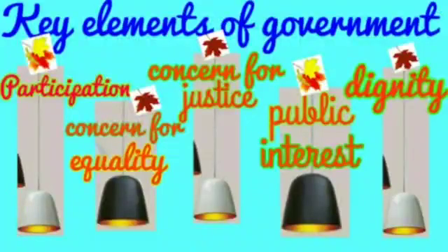Next topic is the 5 key elements that influence the working of a government. First is the participation. Participation is an important element in the working of a democratic government. People make decisions in a democracy through voting in elections. People elect their leaders to represent them.